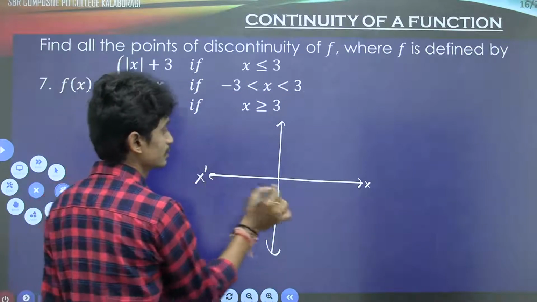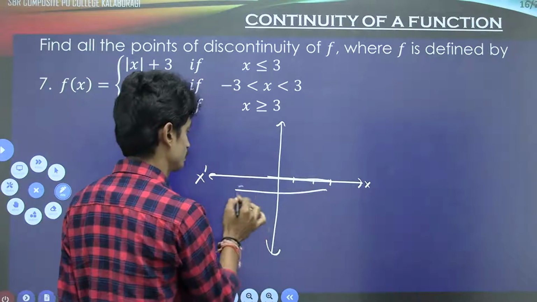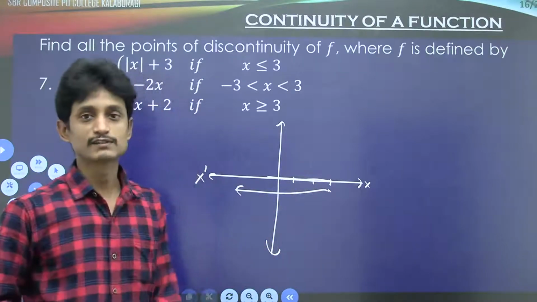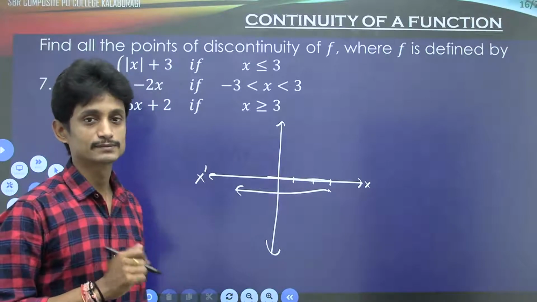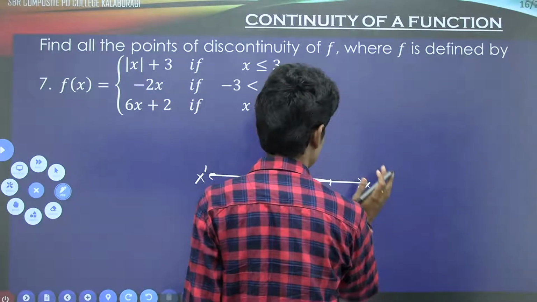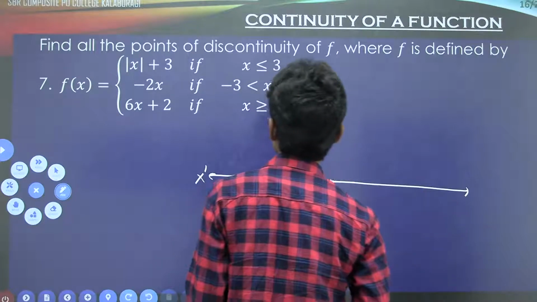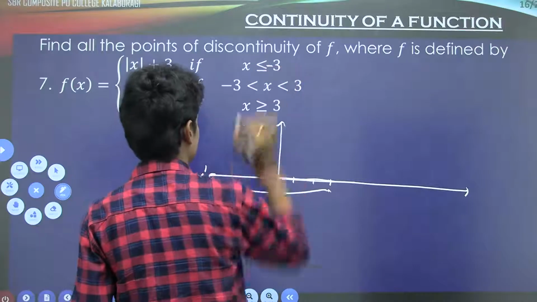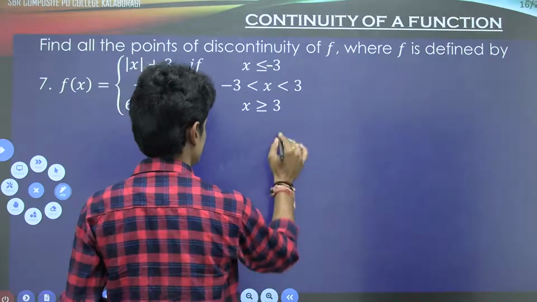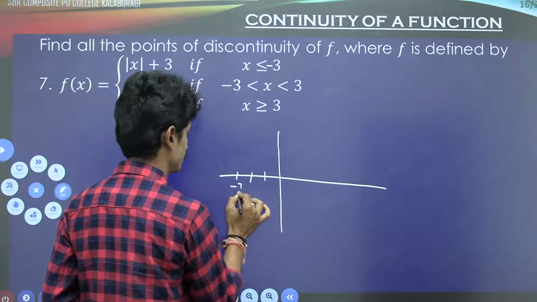Here x is less than minus 3 means minus 1, minus 2, minus 3.